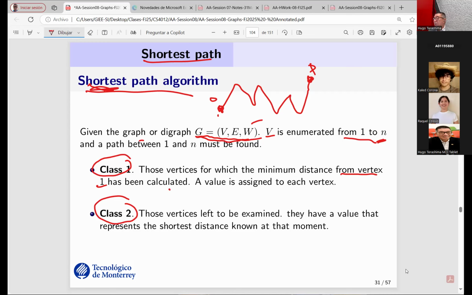So we are going to have a set of vertices for which the distance from 1 to this one is the minimum. So this is class 1. In class 2, those vertices left to examine have a value that represents the shortest distance known at that moment, but not necessarily the minimum value yet, right?